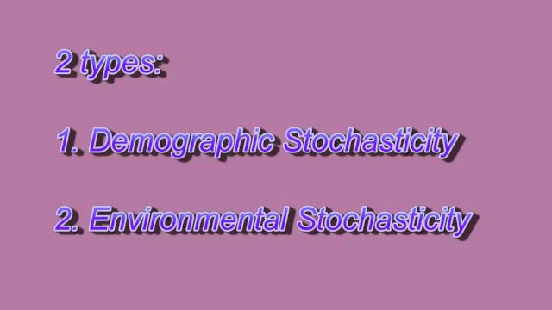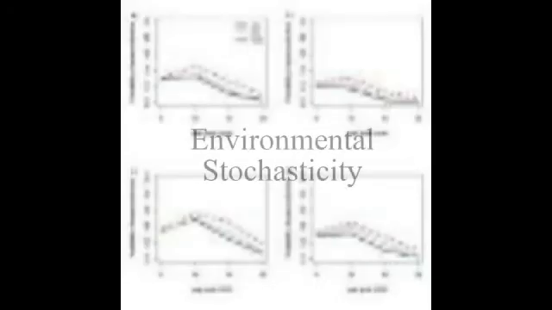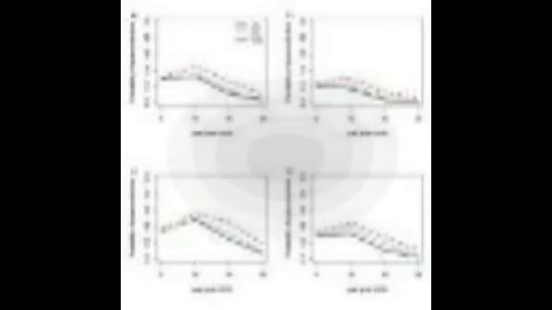Demographic stochasticity is random variation in birth and death rates occurring in populations from year to year. It causes the populations to deviate from the predictions of population growth based on the deterministic models. The environmental stochasticity model is random variation in the environment that can directly influence birth and death rates within the population.